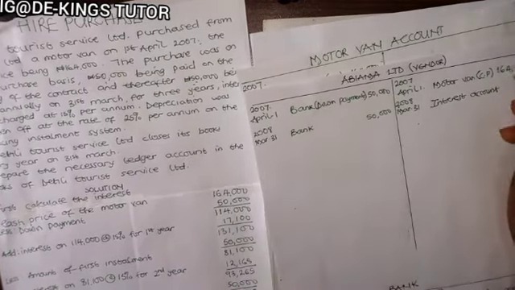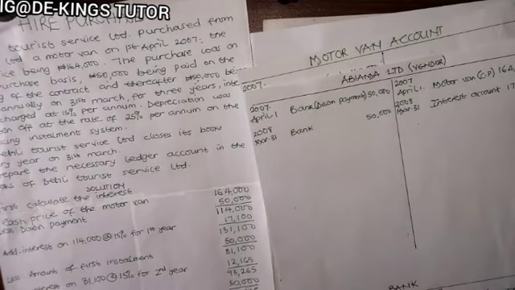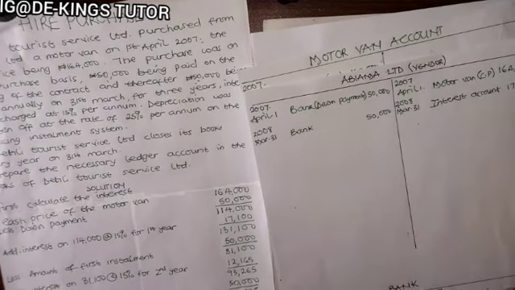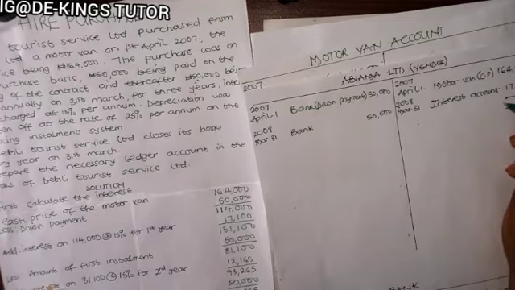The first interest was 17,100. Okay, so if we add them together, this plus this will give us 181,100.